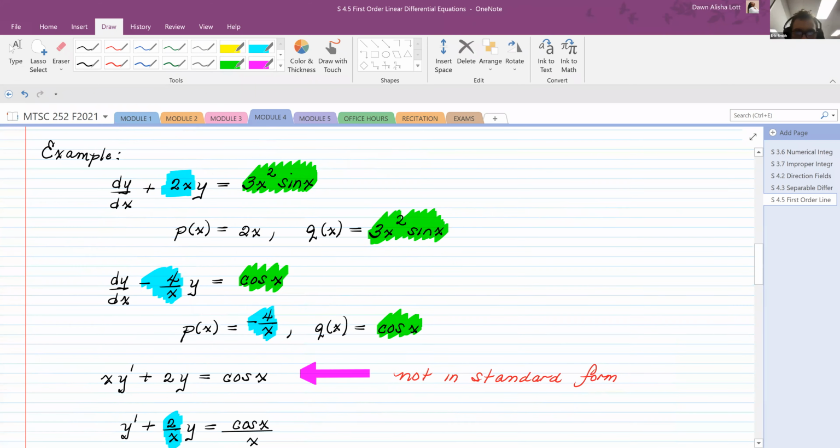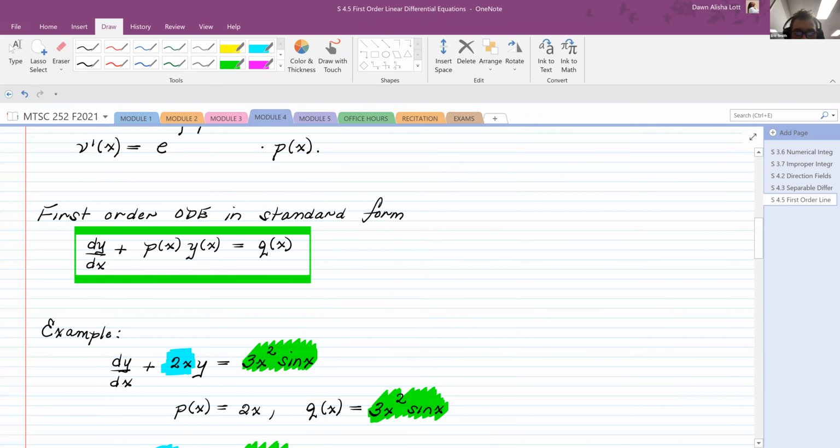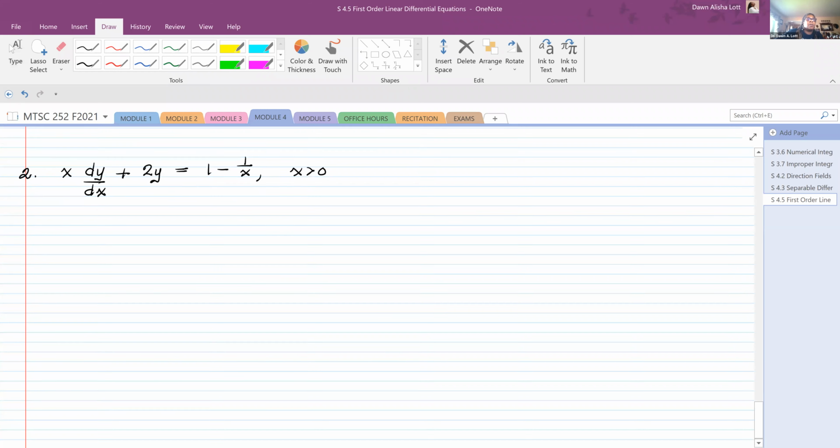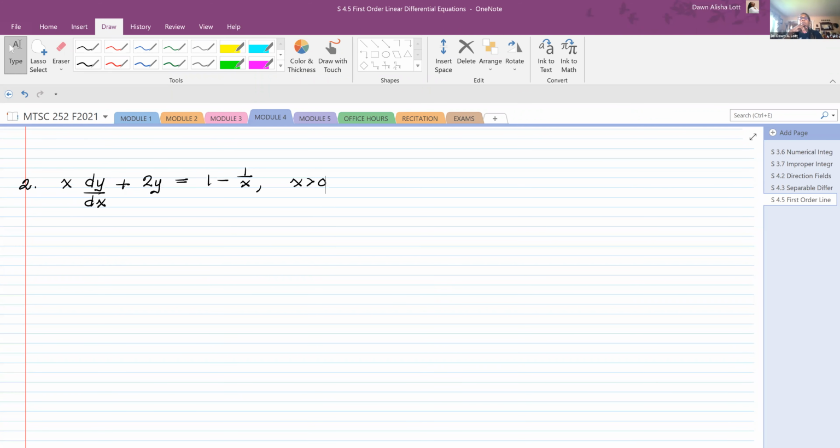Just from an educated guess, I thought standard form was like y equals x plus whatever. Okay, so here is standard form: dy dx plus p of x times y is equal to q of x. That is standard form. Is this in standard form?